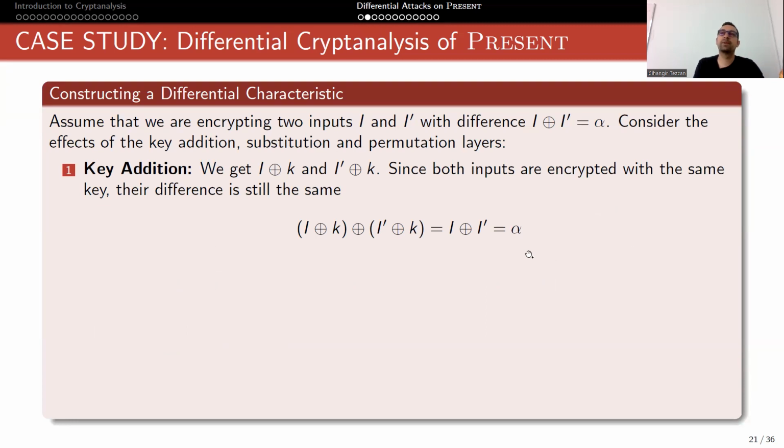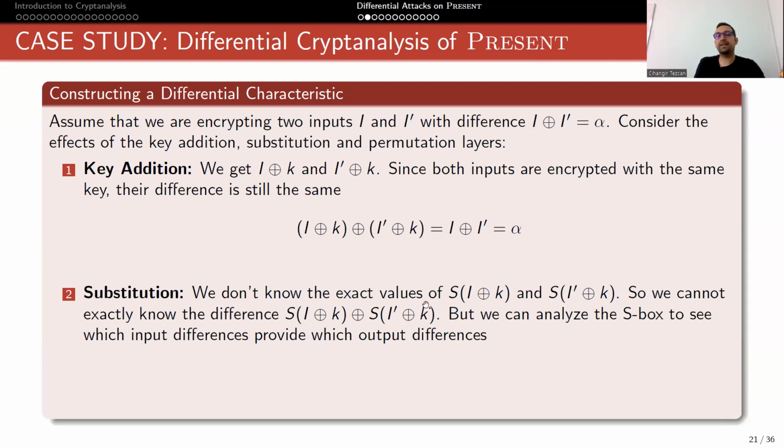So the question is, what happens after the S box layer? We don't know the exact values of Si XOR K and Si prime XOR K because we don't know the K. Since I don't know the input, I cannot calculate the output of these S boxes. So we cannot exactly know the difference after these S box operations. But we can analyze the S box to see which input differences provide which output differences.